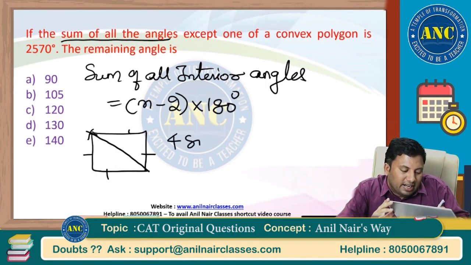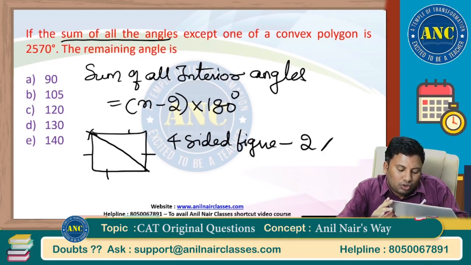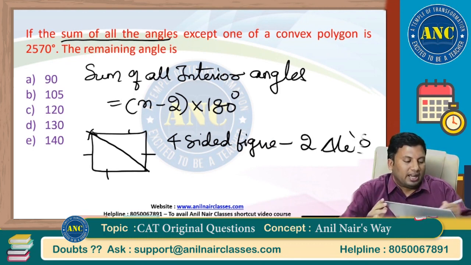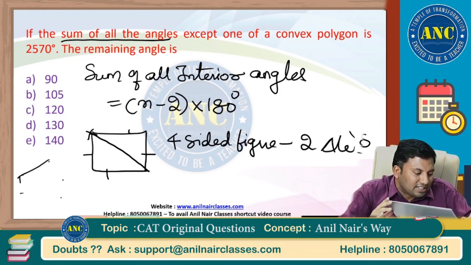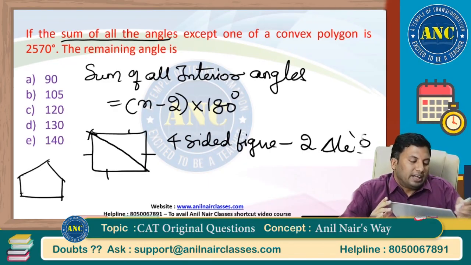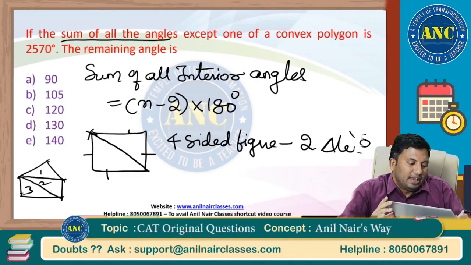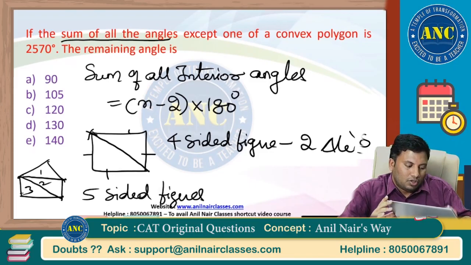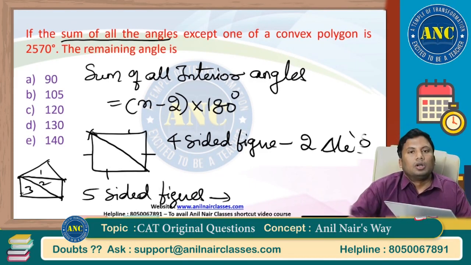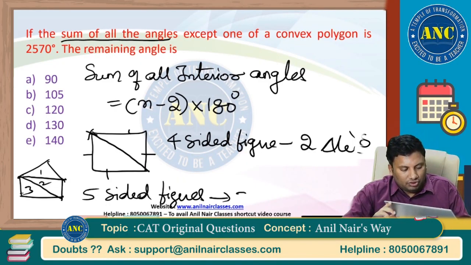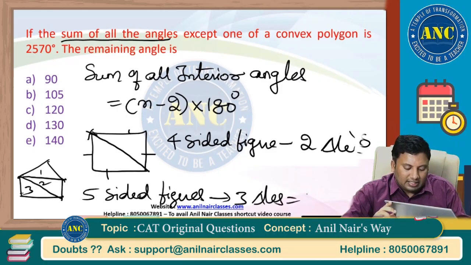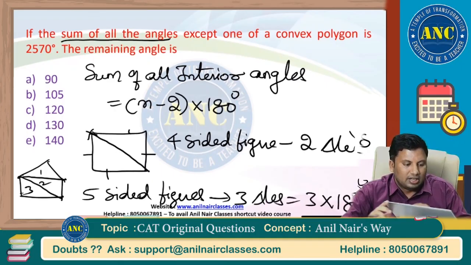A four-sided figure has two triangles. Suppose I take a five-sided figure, take any point, and join the non-adjacent vertices: 1, 2, 3. I get three triangles. The sum of each triangle is 180 degrees.